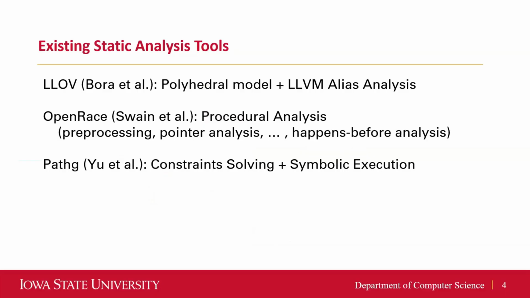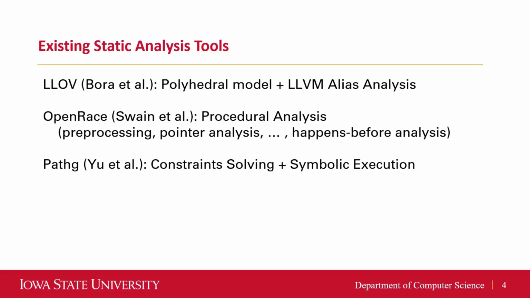Before I dive into our methodology, of course, there are existing static analysis tools that can do the same thing. There's LLOV, which uses the polyhedral model with LLVM alias analysis. It will first try to use the polyhedral model for affine loops to check for a data race.